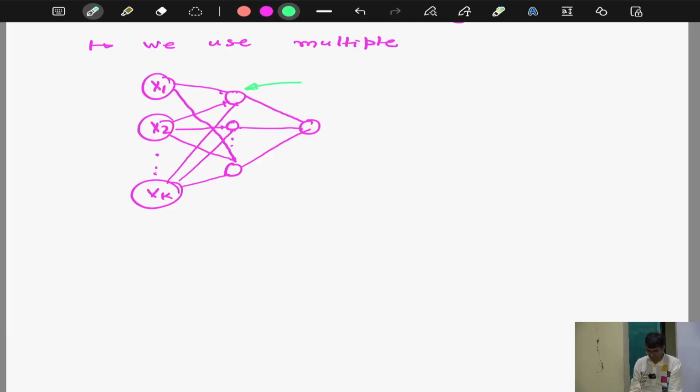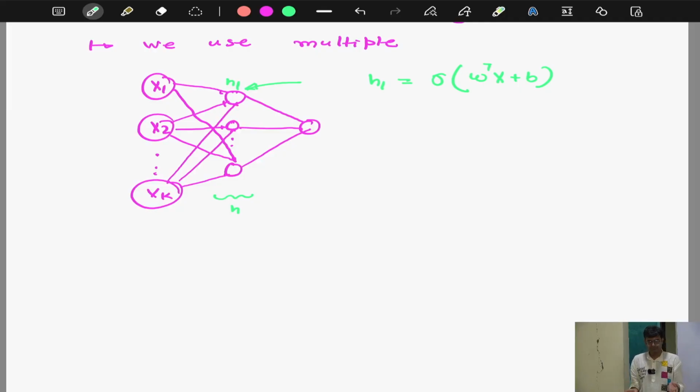Now, can you tell me what the equation is for this output, let us say H? What will H be in terms of X? Let us call this H1. H1 is equal to sigma of W transpose X plus B. B I have not shown, but B is also there.